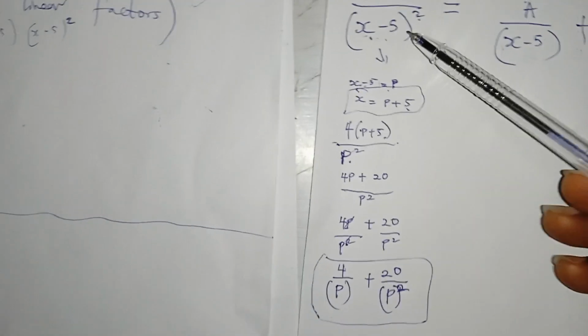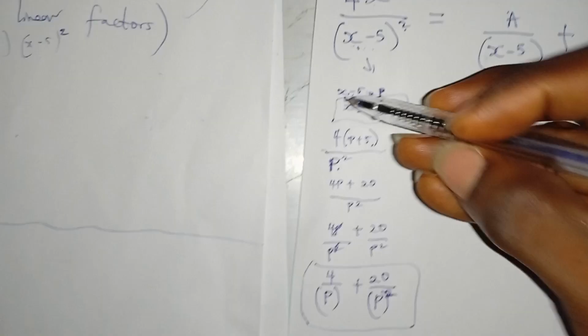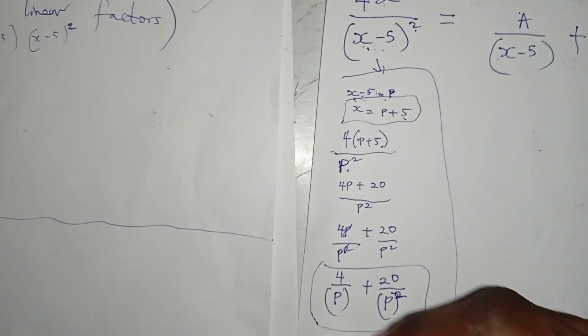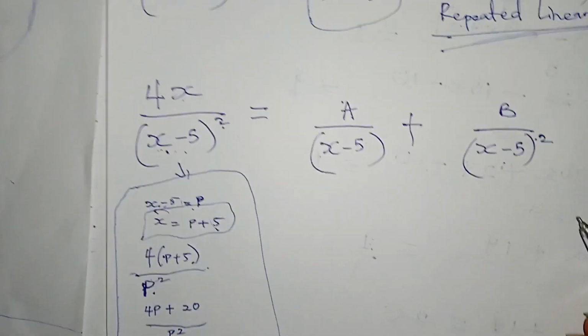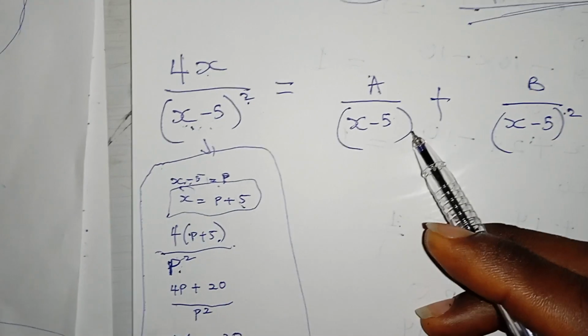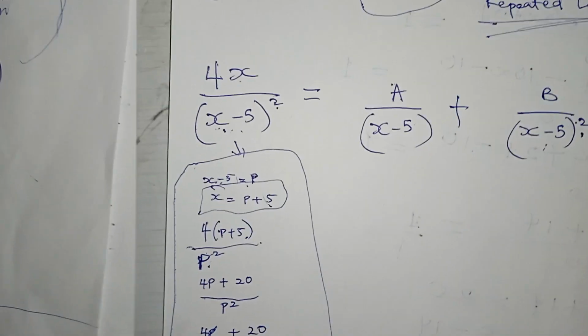That is why anytime the denominator is raised to a power, without stressing yourself to solve all these things, just simply make it such that after the first one you have a second part that is raised to power 2.